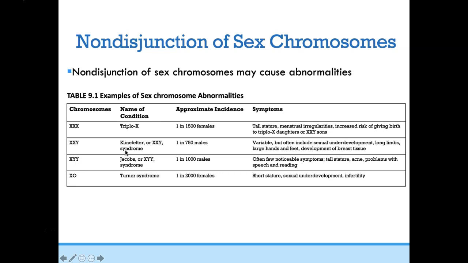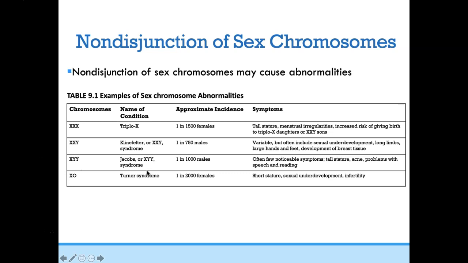And then besides Klinefelter, you could also have triplo X, which is very tall stature females. So the presence of a Y chromosome is what makes a human male. So if you have no Y chromosomes, you're considered female. There's also XYY, which is considered a male because you have a Y chromosome.